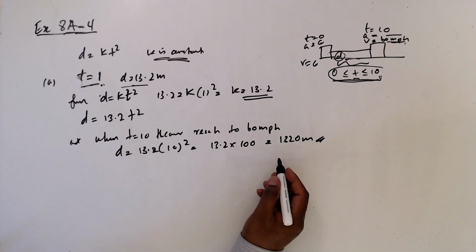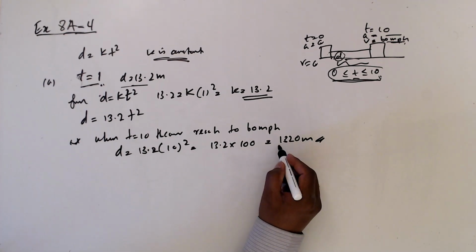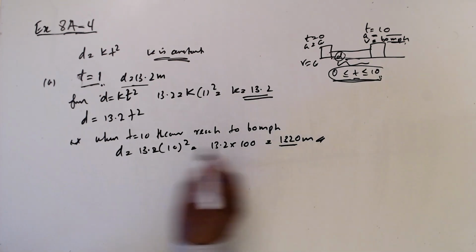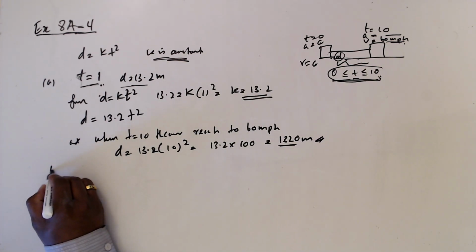This car looks like a rocket, because in 10 seconds it goes approximately 1.3 kilometers.